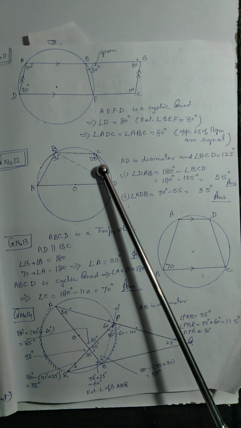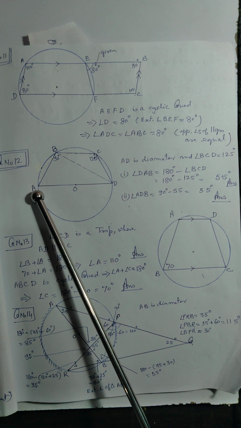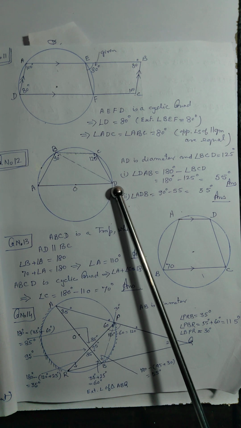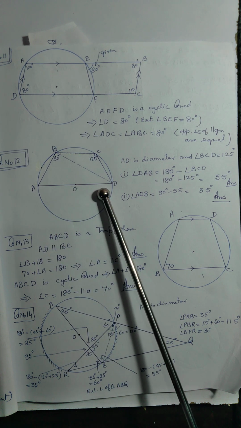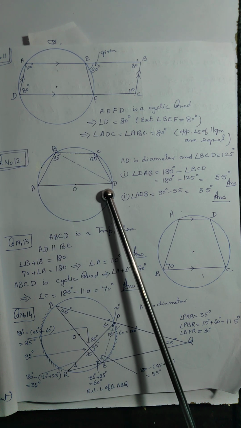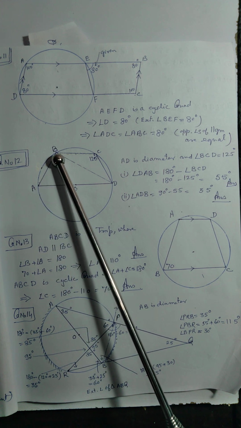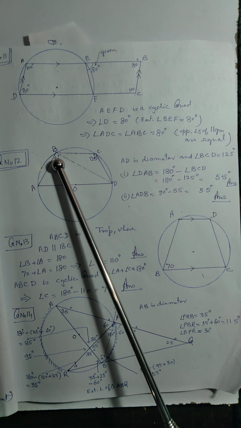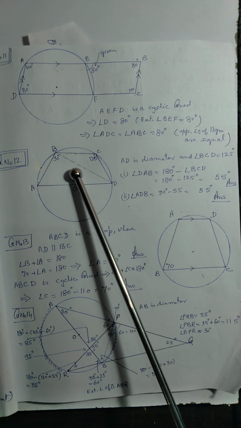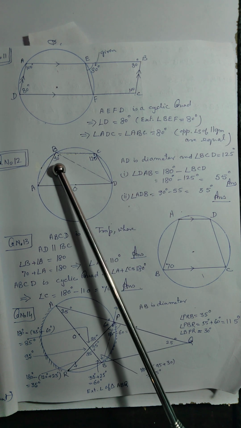You see, BCD is 125 degree, it is given already, and AOD means it is a diameter. AD is the diameter, so the angle subtended at the B point, you see, ABD will be 90 degree. Just join it. So ABD is equal to 90 degree.